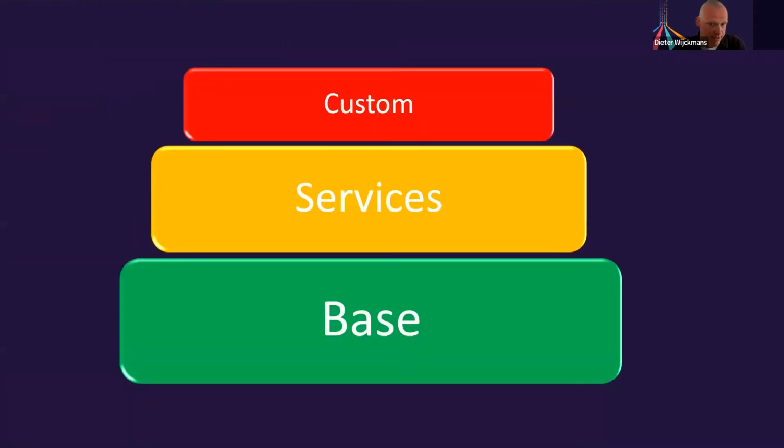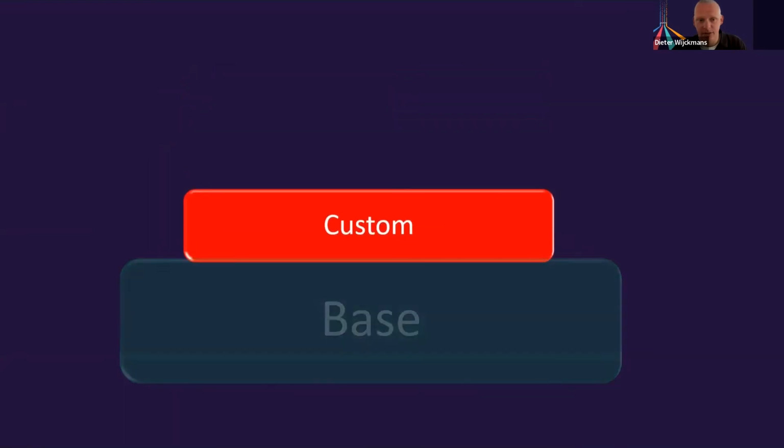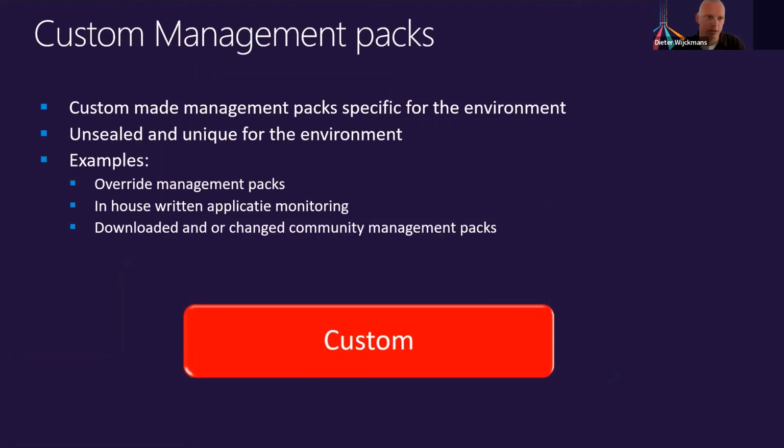And last but not least, the custom management packs. Well, the name says it itself, it's a little bit self-explanatory. They are custom-made management packs specific for the environment. If you are doing an upgrade, or whether there already was Ops Manager involved, there will be some custom-made management packs. They are unsealed and probably unique for the environment.